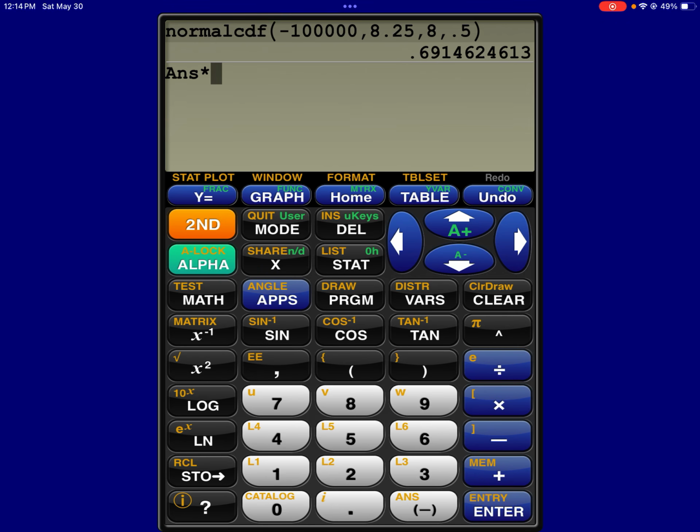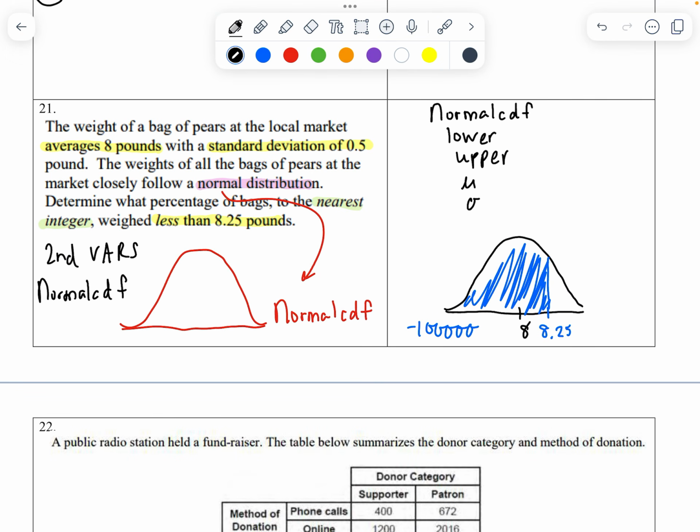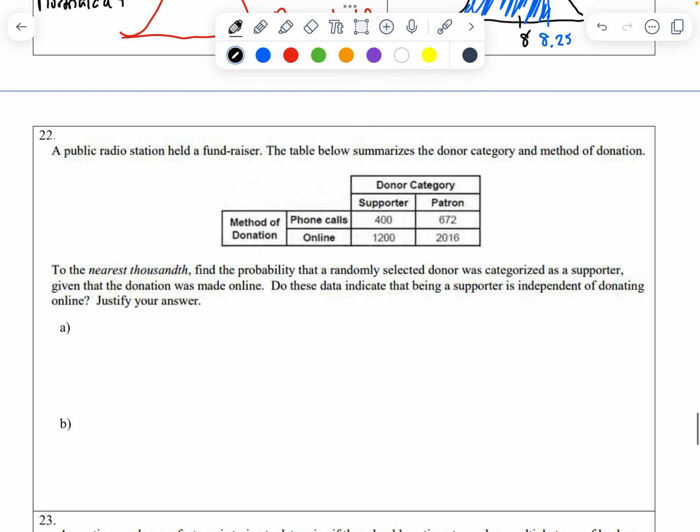To change a decimal to a percent, you multiply by 100. And they want it to the nearest integer, which means no decimals. So this is 69%. I'm going to fill this in, to 8.25, 8.5, I got 0.69, which is 69%. And there you have it.